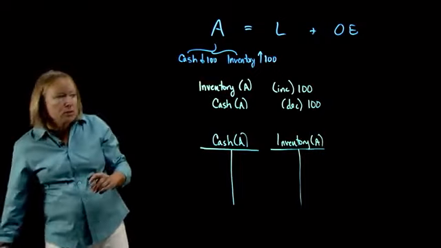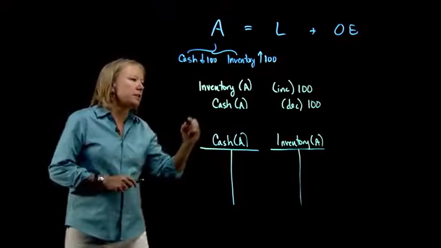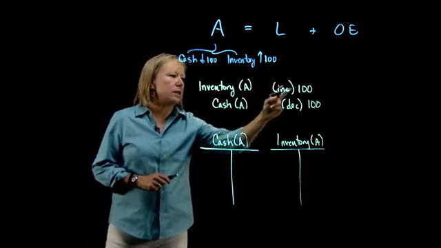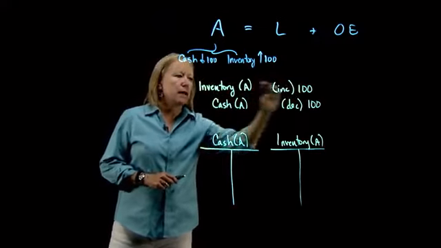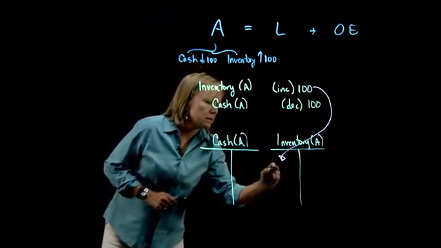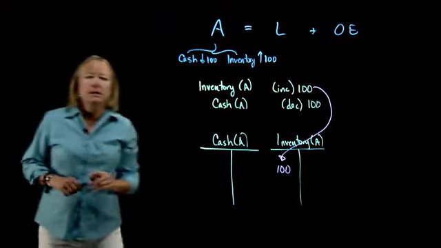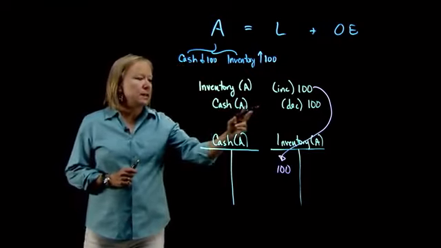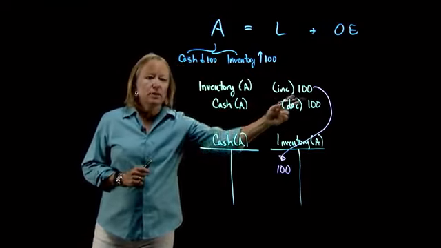So now let's post this journal entry to the individual T accounts. Inventory, which is an asset, increased by 100, and we made a left-hand side entry to that account. So let's post that to the left-hand side of the inventory T account. Cash, which is an asset, decreased by 100.